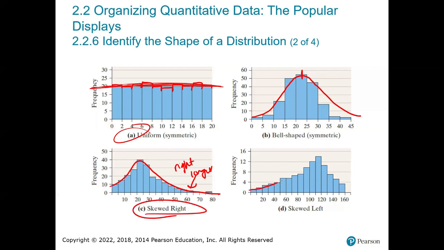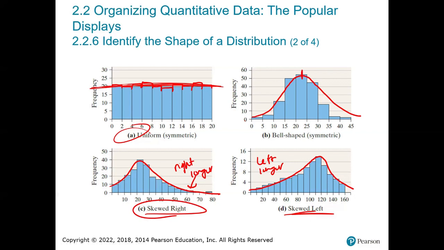In this one, if I follow up here, the left is longer, so it is skewed left. So uniform, about the same height all the way across. Bell shape is symmetric, higher in the middle, lower on the ends. Right skewed has a right tail that's longer. Left skewed has a left tail that's longer.